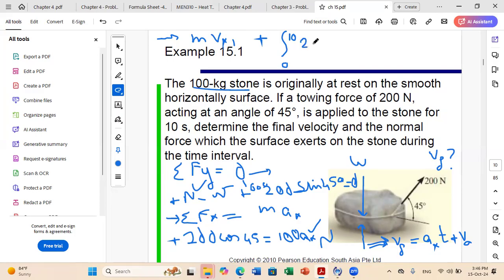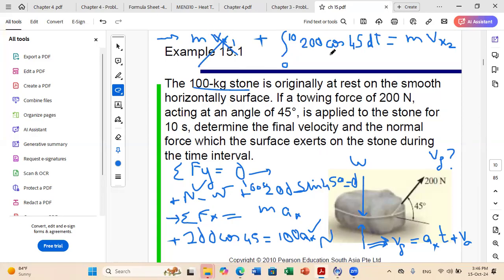It's 200 cosine 45, which is the force in x, dt, equals to mvx at state 2, which is V final that you are looking for, okay? So now, since we start from rest, Vx1 is 0.